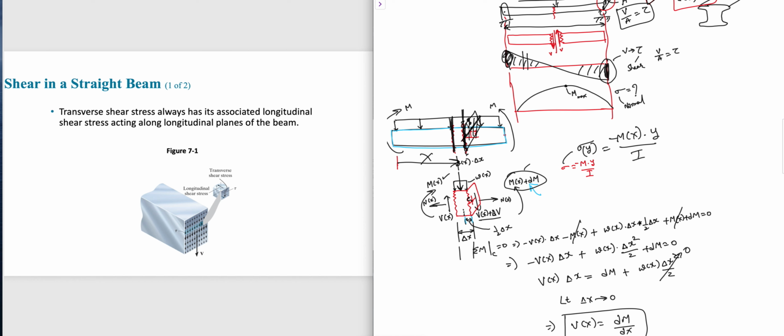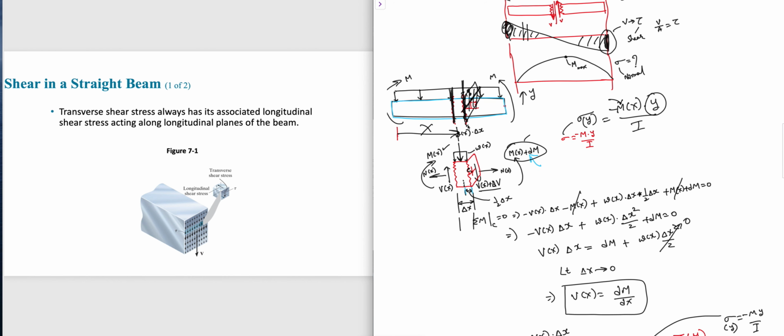So what is this y? The y is the distance measured from the centroid along the y direction. And what is moment x? Moment x is the moment at that cross section. Take time to understand that.